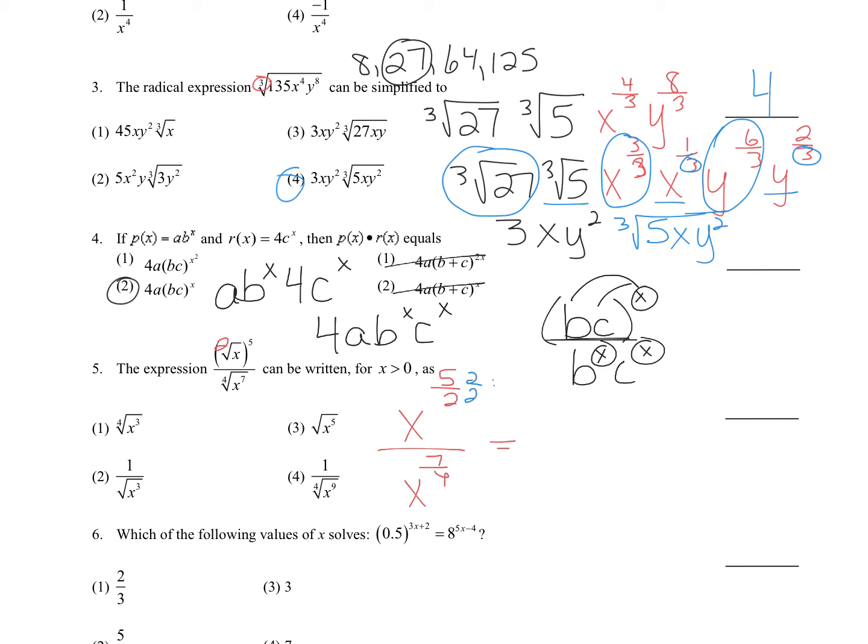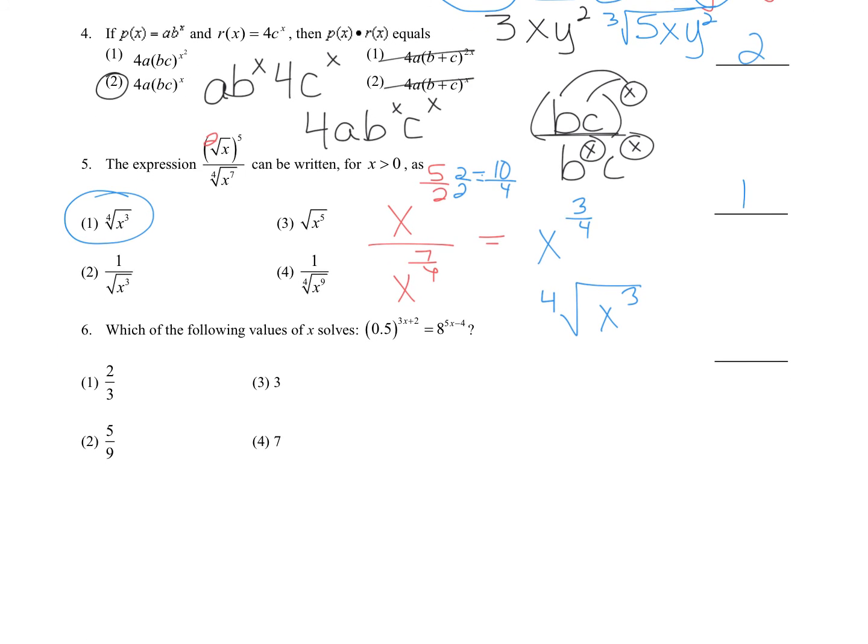I could also make this an LCD, so that's 10/4. 10/4 minus 7/4 is 3/4. I don't see x to the 3/4, but I do see a root that's equivalent because this is the 4th root of x to the 3rd. So choice 1 is the correct answer. I'll fill in 2 for that one.